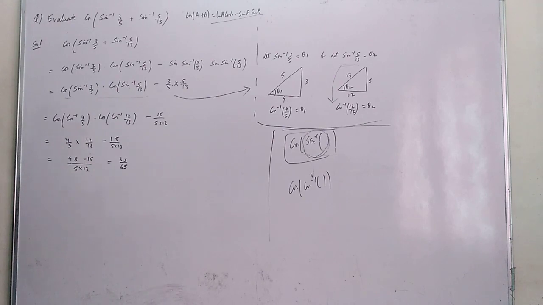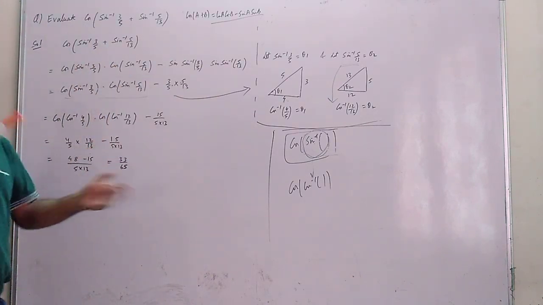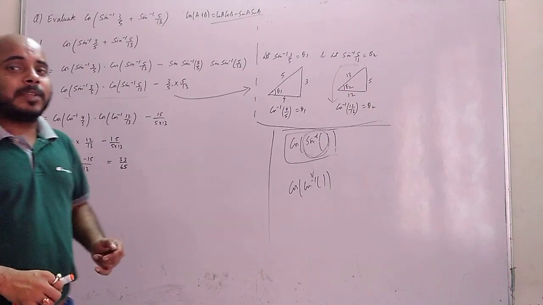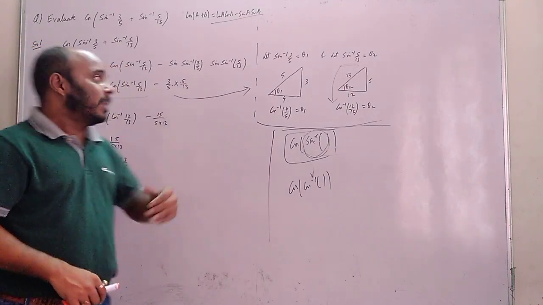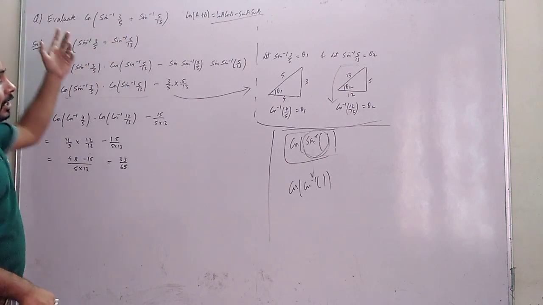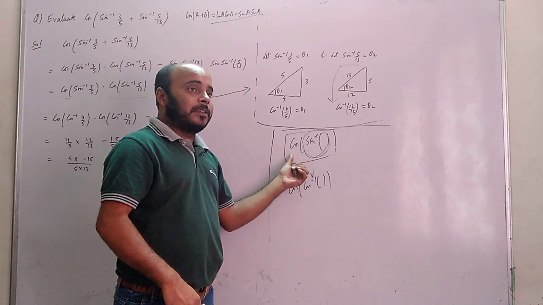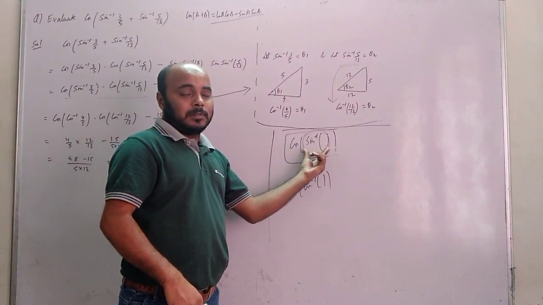Okay, so what you need to understand is why we opened this. In the book this was not done. In the book they took this as theta 1, this as theta 2, and started converting. But we won't get such an idea that we need to convert using the triangle method. That we will understand later on. At this point we don't have any idea that we need to convert. We will convert sine inverse into cos inverse only when we have cos outside with only one inverse.